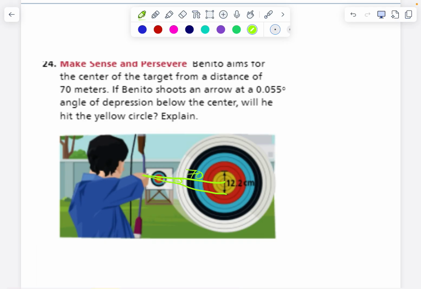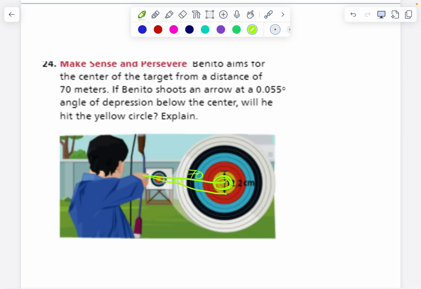That's the question. So we need to figure out how much the arrow will drop by the time it hits the target. What would you use? You could. Not the best. What kind of angle is going on right there?